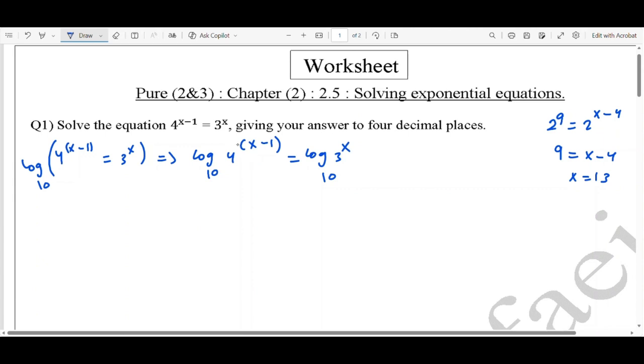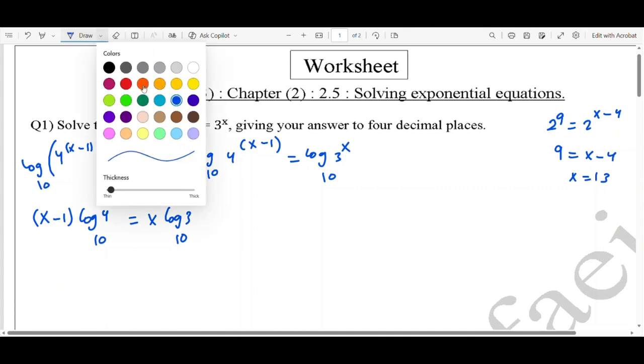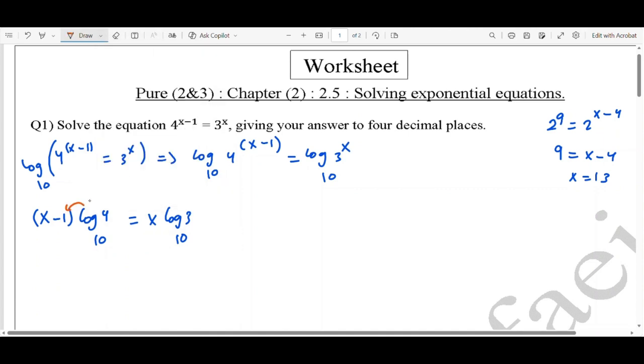So x minus 1 multiplied by log 4 to the base 10 equals x log 3 to the base 10. Then I'm going to do expansion here. It will be x log 4 to the base 10 minus log 4 to the base 10 equals x log 3 to the base 10.